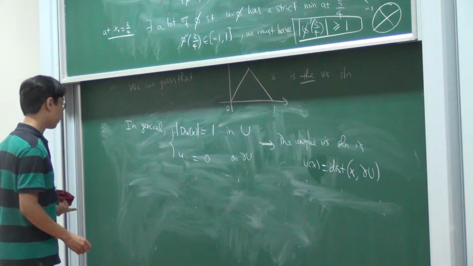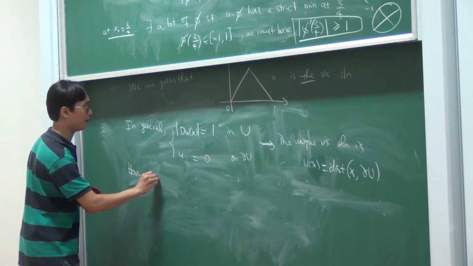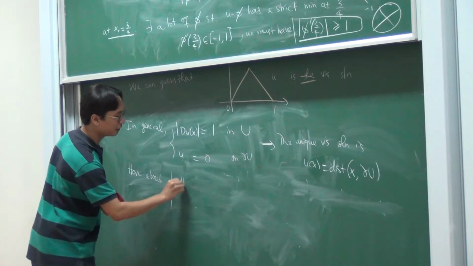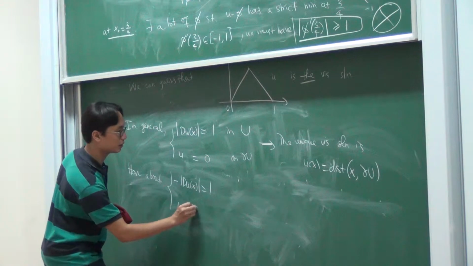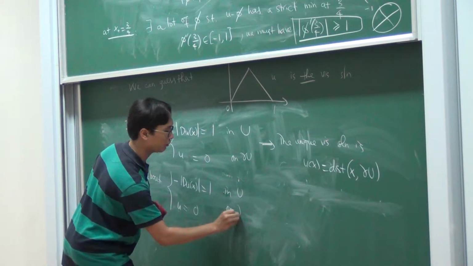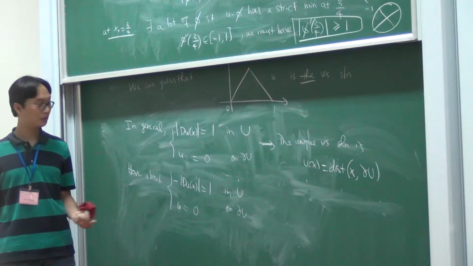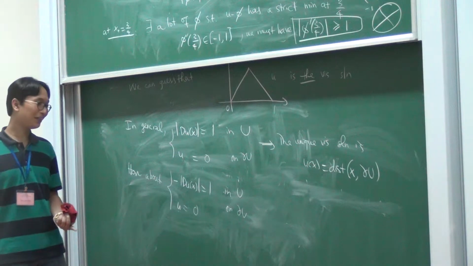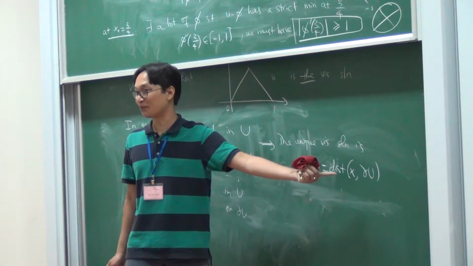Okay, now let's go to that question. Now, how about minus |Du| = 1 with u equal to 0 on the boundary? So we're going to look at the minus equation. It's crazy that in this case, this is not a viscosity solution anymore.